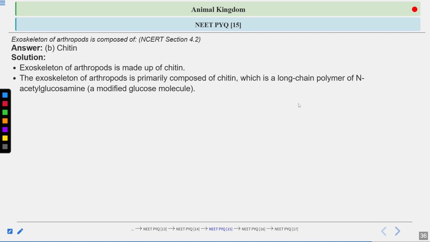Exoskeleton of arthropod is primarily composed of chitin, which is a long chain polymer of N-acetylglucosamine, a modified glucose molecule.